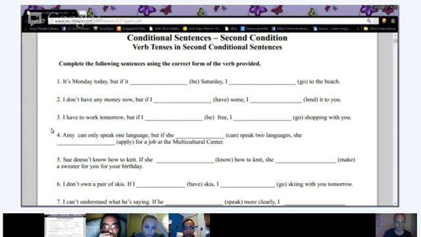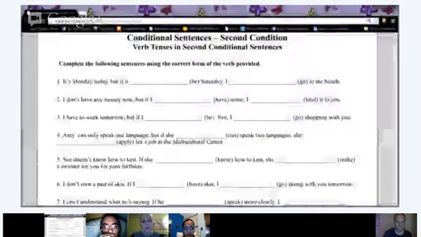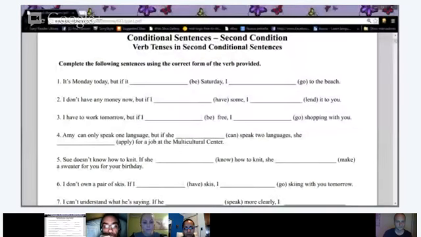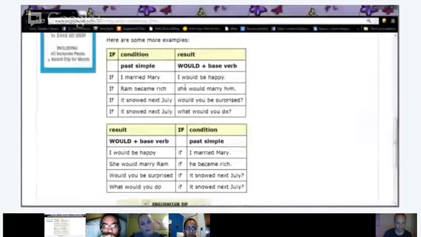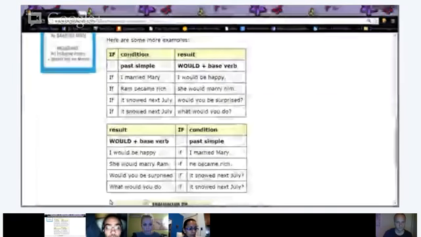All right. So let's go ahead and take a look at our rules one more time. Our formula is going to be if, then we're going to use past simple, then would plus the base verb.